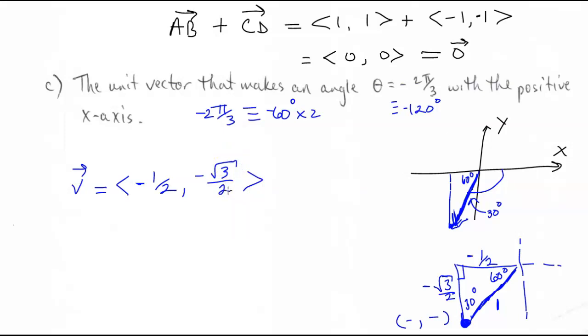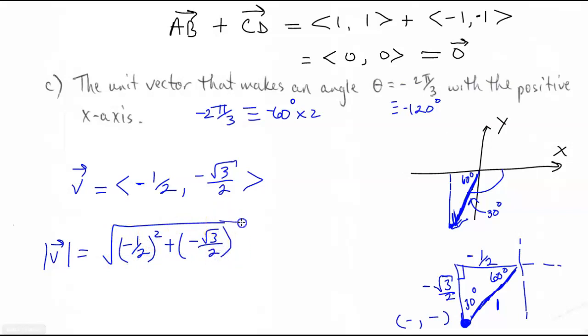And again, we know that it is a unit vector because the magnitude of it is equal to 1. Okay, we forced it to be that, but if we actually wanted to calculate it, we'll see here if we do the square root of -1/2 squared plus negative square root of 3 divided by 2 squared.